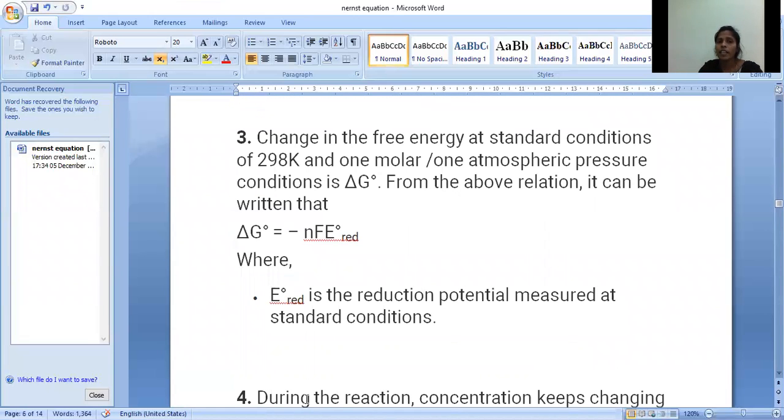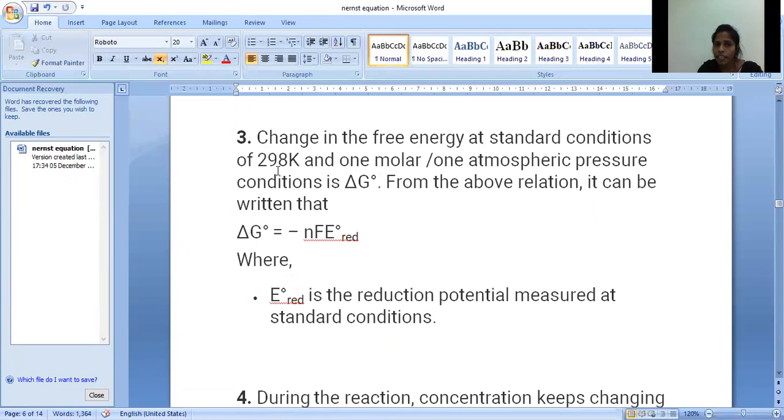But now we need the change in the Gibbs free energy at standard conditions also. What are the standard conditions? Room temperature. What is the room temperature? 298 Kelvin or 25 degrees centigrade.